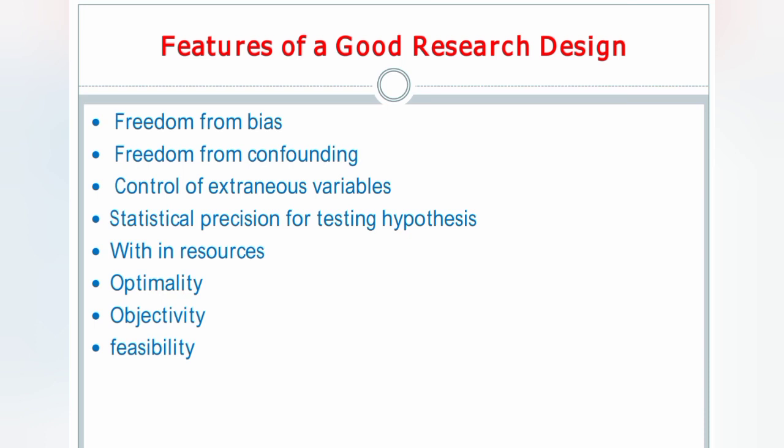In the research problem we can add something or modify the existing research problem. So it must be flexible to tolerate the changes. So this is about the different features of a good research design.